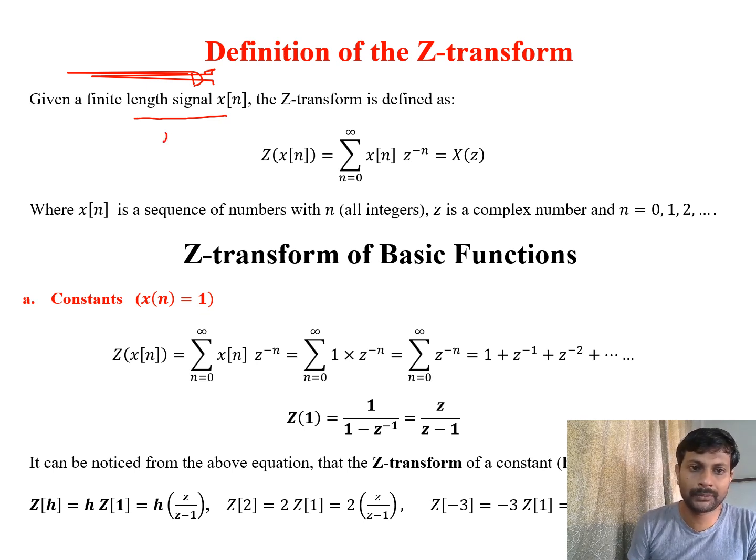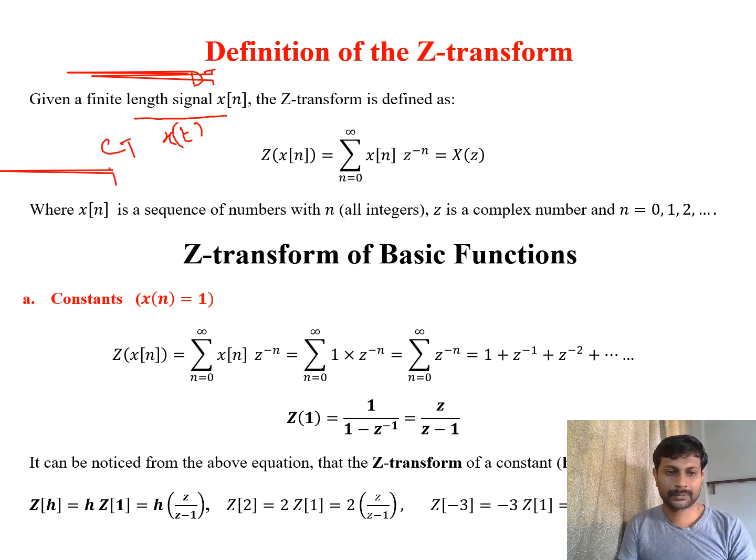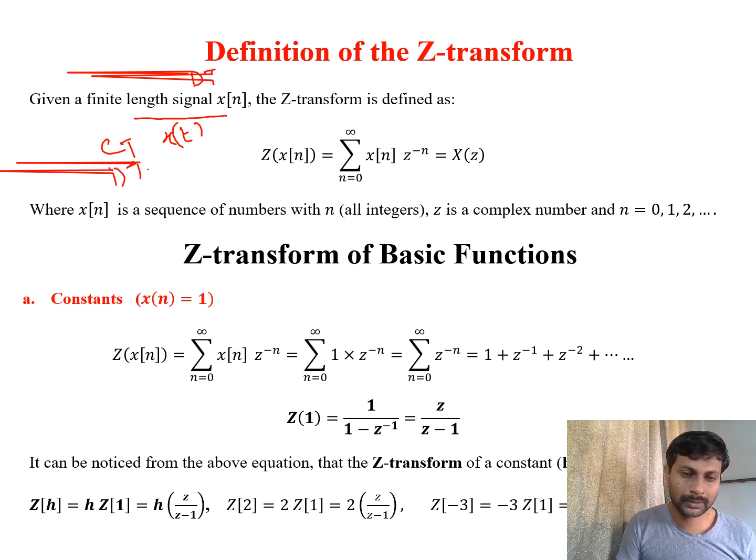If it is the time domain, we write x(t), which is continuous time. Discrete time means x(n), where n means the sample number.